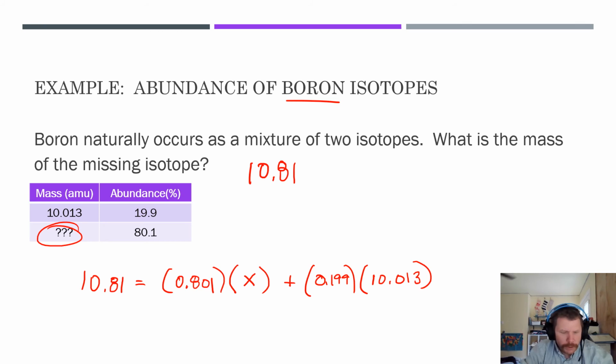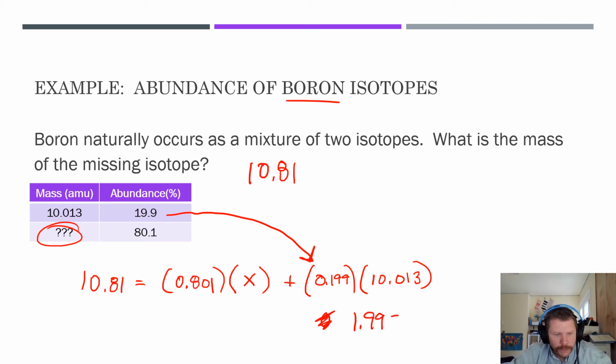The first thing that we're going to do is take our known mass and known abundance. So I'm going to say 10.013 times 0.199. I've converted that abundance percentage into a decimal. And this gives me 1.992587.